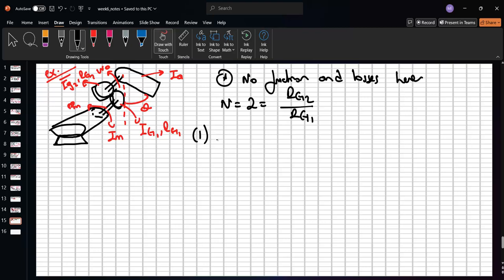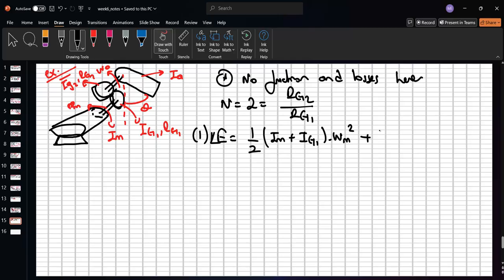First of all, the kinetic energy can be given by 1 divided by 2 times Im plus Ig1 at the same speed value, right? Im plus Ig1 times Wm square, right?